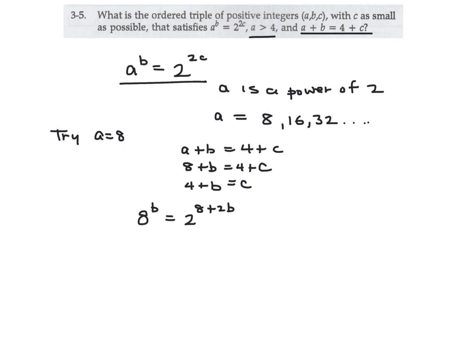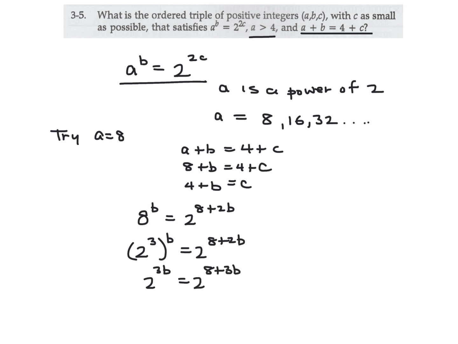Correct? And then 8 is 2 to the power of 3, so that would become 2 to the power of 3 to the B, which is 2 to the power of 3B, equal to 2 to the power of 8 plus 2B.